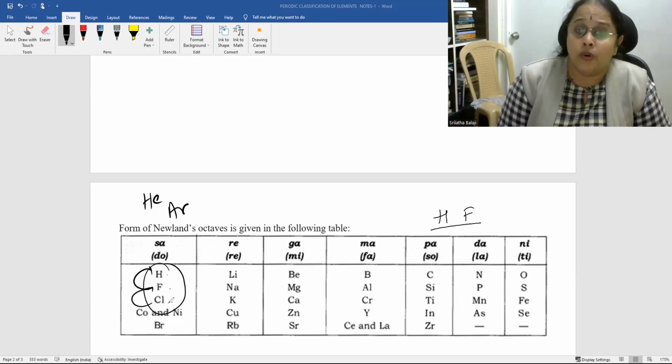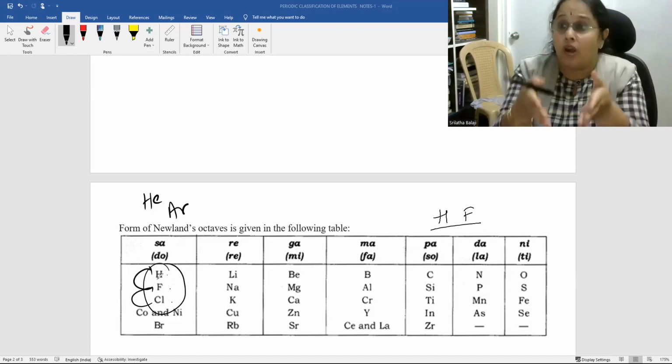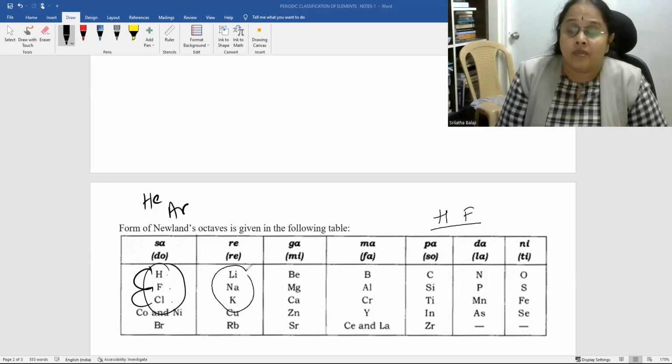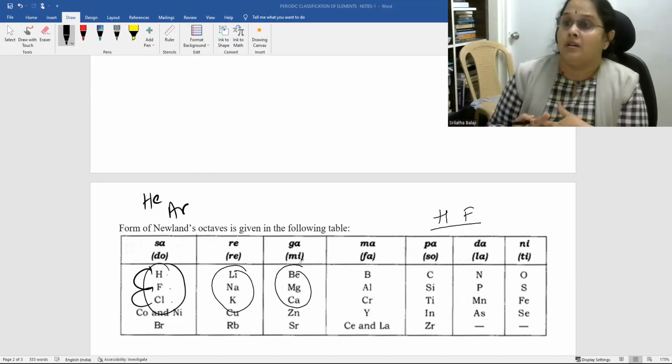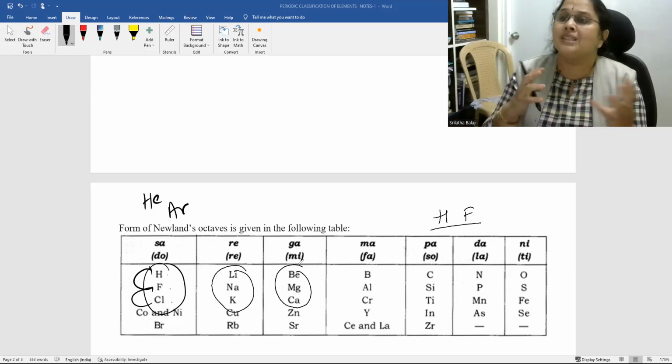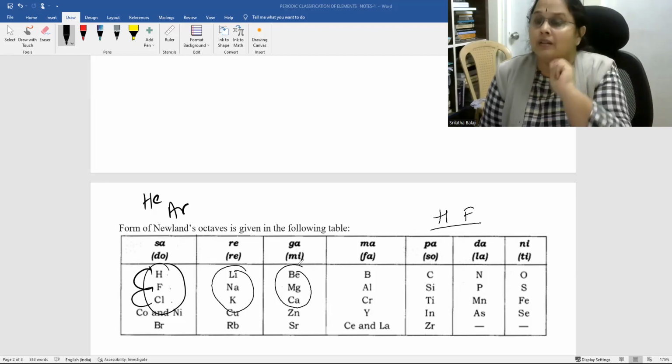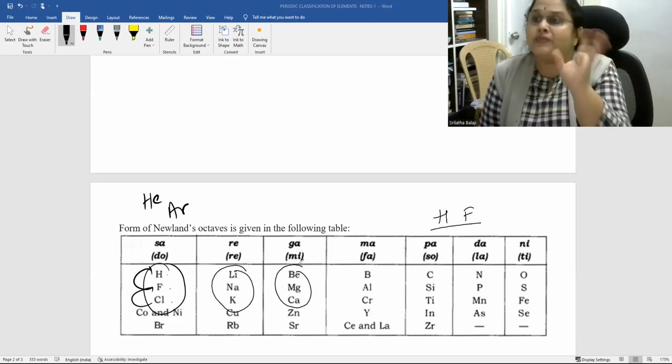So hydrogen, fluorine, chlorine all belong to the same column, meaning they resemble each other. Lithium, sodium, potassium, beryllium, magnesium, calcium, they show some similarity in properties. That's why we are placing the elements in a table. That is the basis for classification.